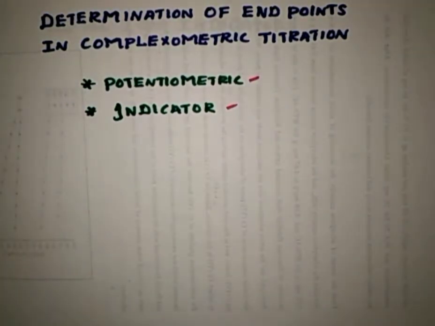Therefore, if we want to find the endpoints in complexometric titrations, we can use the potentiometric method or we can use an indicator.